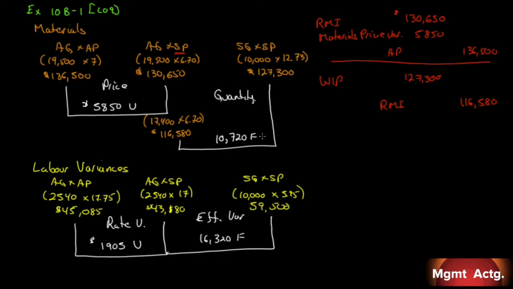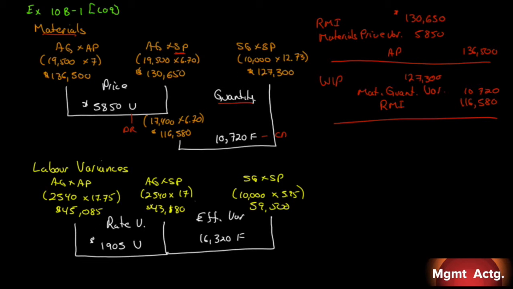Well, this is favorable. Remember, unfavorable is debit, favorable is credit. So there we can put $10,720 to balance this transaction. And this is called a materials quantity variance. There we go. That takes care of our raw materials, our purchases, and the transfer into work in process.